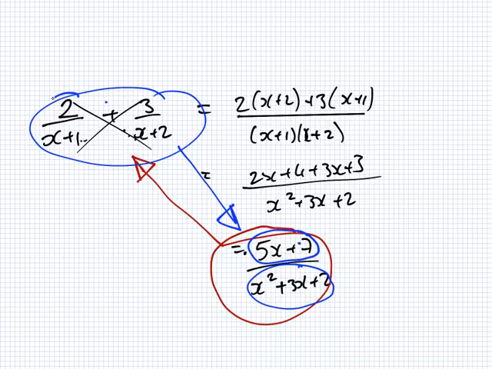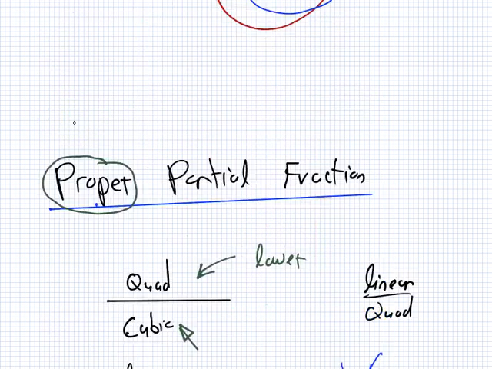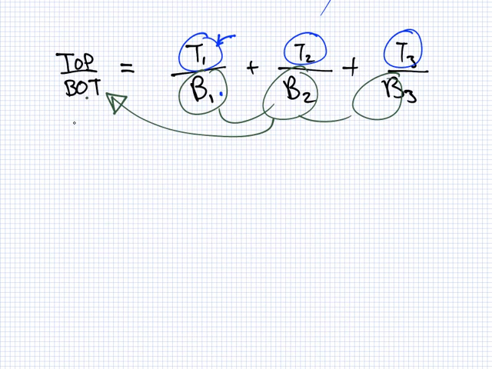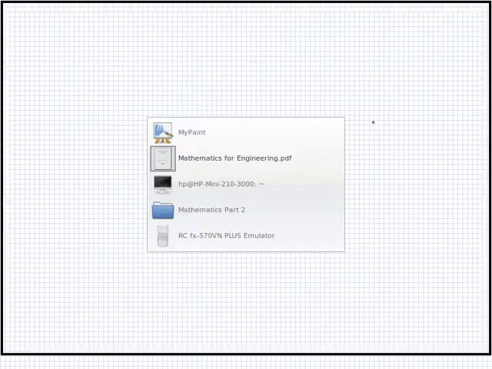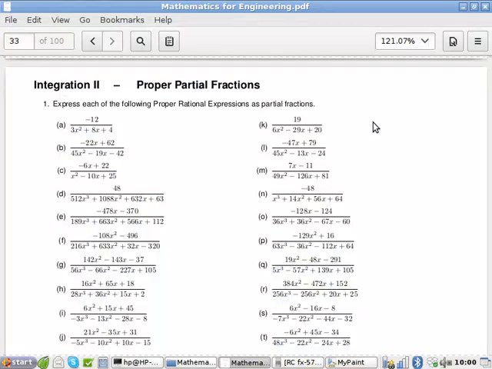This is a constant, and this is linear. This is the basic idea. There are other principles as well, because you might ask what to do if the cubic doesn't have 3 factors. Maybe it only has 2 factors. We'll look at different examples, and I'll show you what to do in different situations.